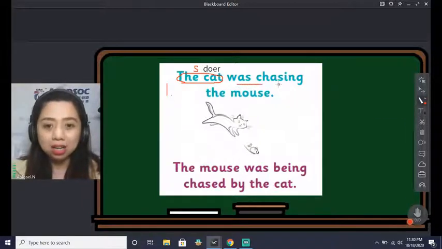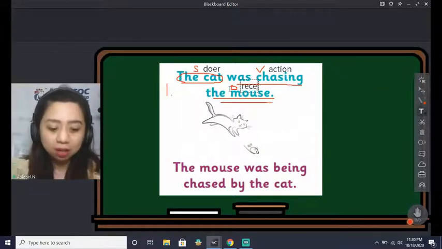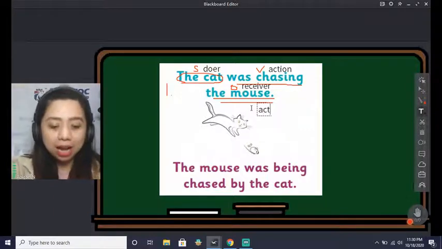Was chasing is the verb. This is the action done by the subject. And the mouse is the object. When we say object, it is the receiver of the action. Okay? This is what we call active voice.